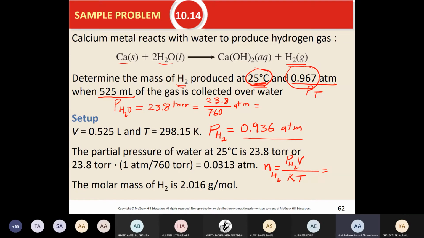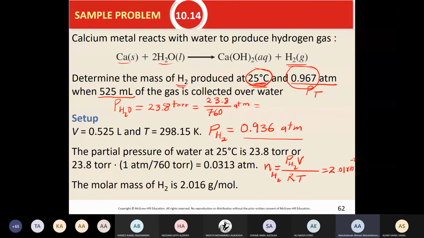What did you get? 2.01 times 10 to the power minus 2. Very good. Anybody else got the same answer? Yes, 0.02, or 2.01 times 10 to the power minus 2. Good. All right.